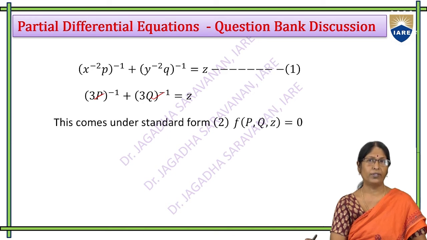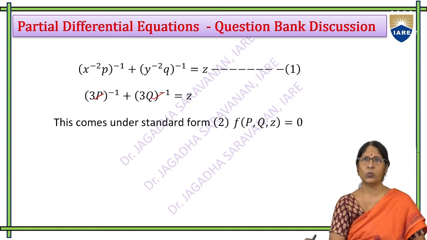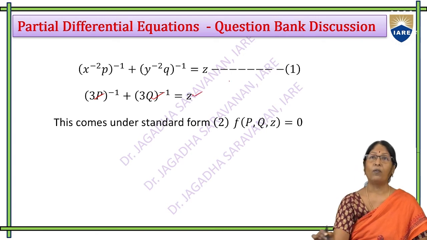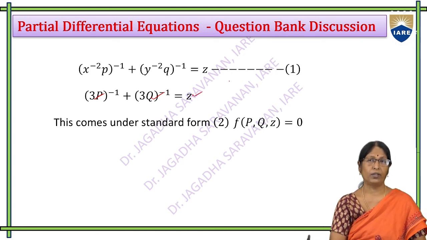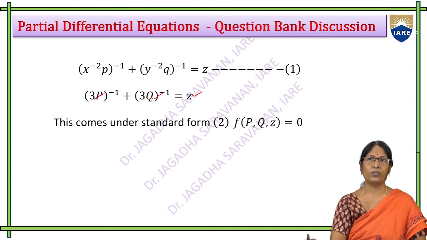And we are noticing after all these changes, here P, Q, Z, the three are there, and X, Y are completely eliminated. But ours is proceeding with the steps of standard form 5. After applying that, the equation of standard form 5 is reduced to standard form 2.